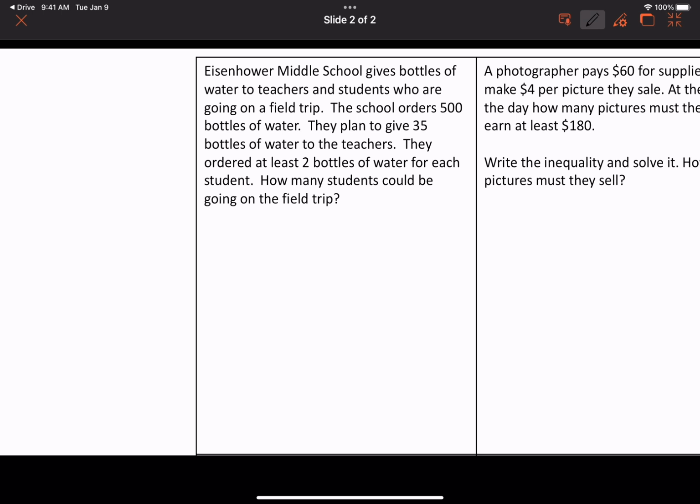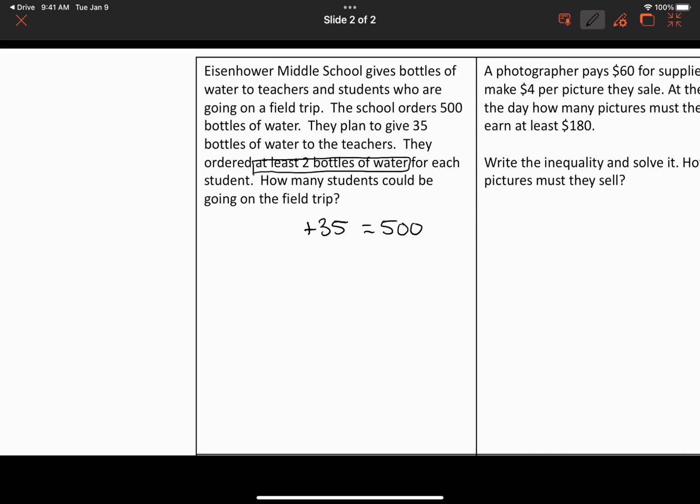All right, so we already know that we are going to be totaling up to be 500 water bottles. They are going to be giving strictly 35 bottles to the teachers. And they'll be giving at least 2 bottles of water for each student.